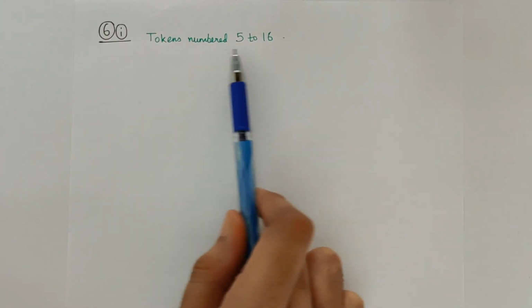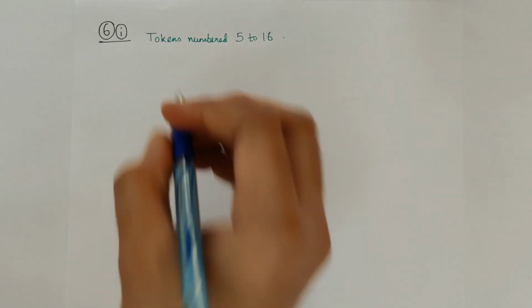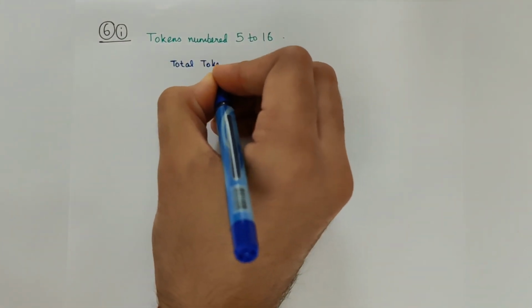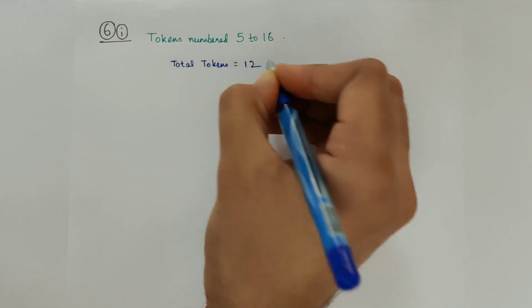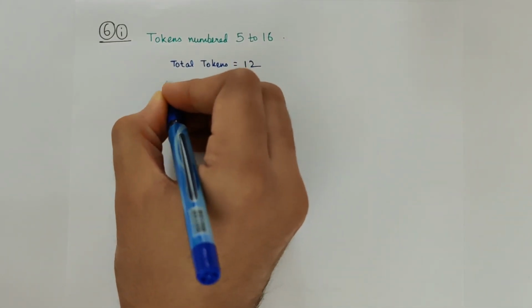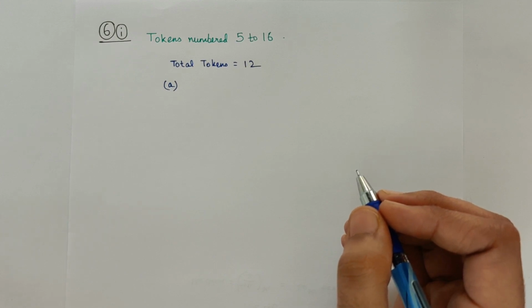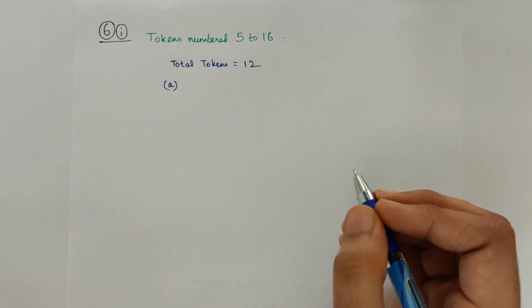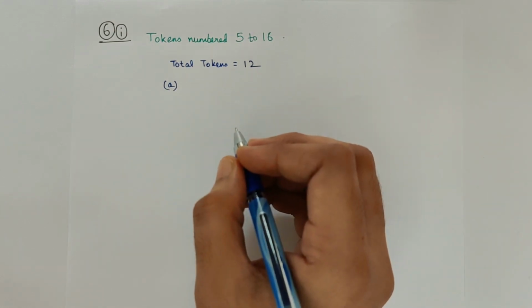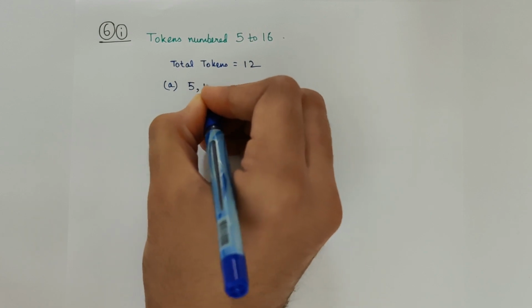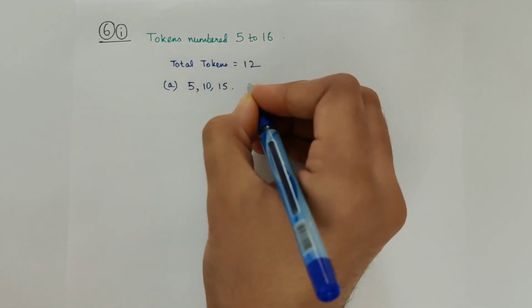So guys, we have tokens numbered from 5 to 16. So the total tokens will be 12. Part A. We have to find the probability that the token drawn bears a number divisible by 5. So the numbers which are divisible by 5 between 5 to 16 are 5, 10 and 15.